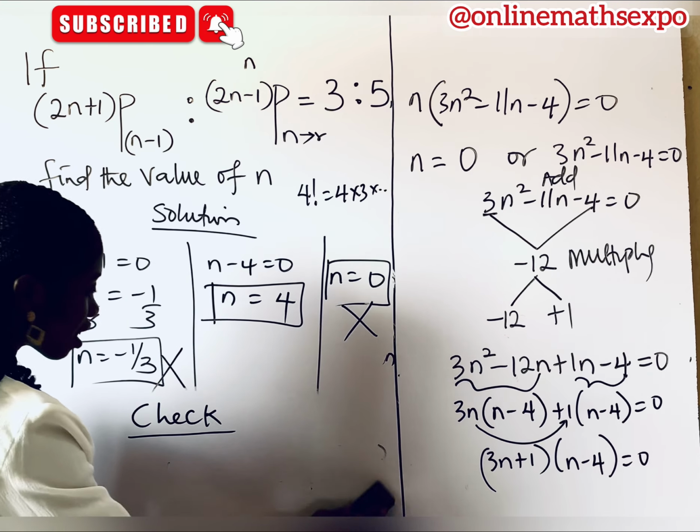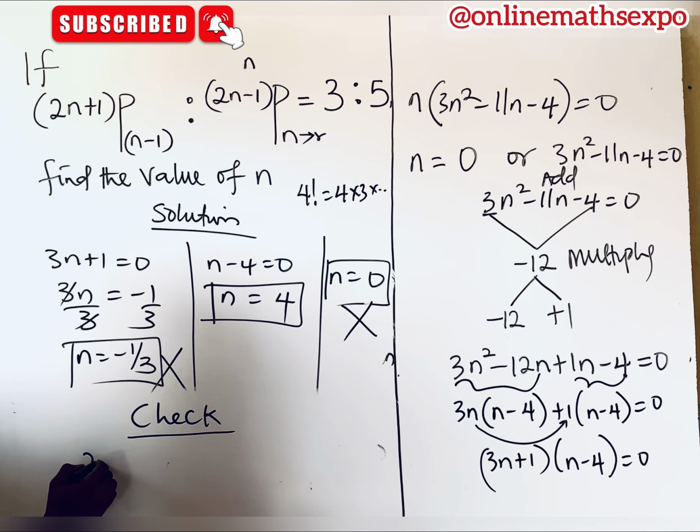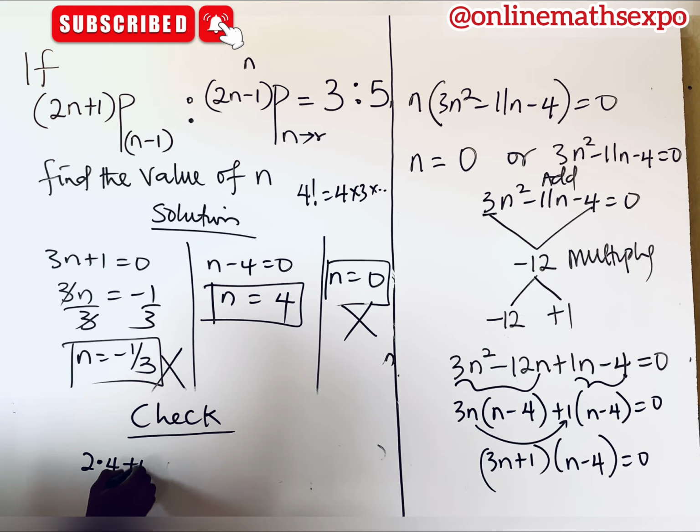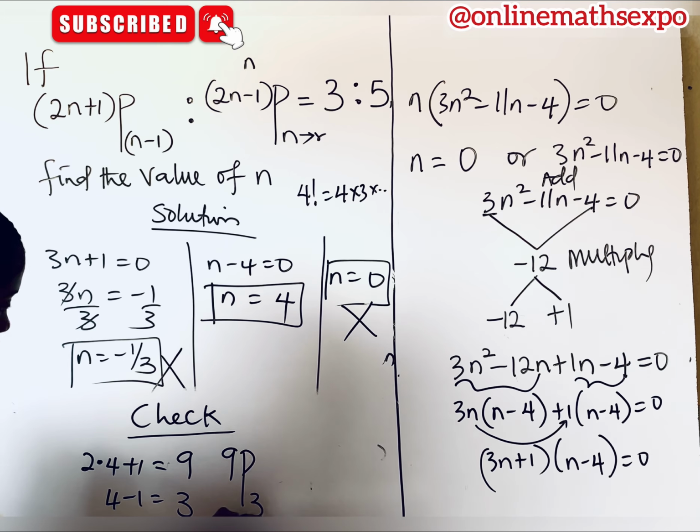So what it means is that if you put in the value of n as 4, we're going to have 2 multiplied by 4 plus 1, which will give us 9. And for here, we have 4 minus 1, which will give us 3, which is 9 permutation 3.